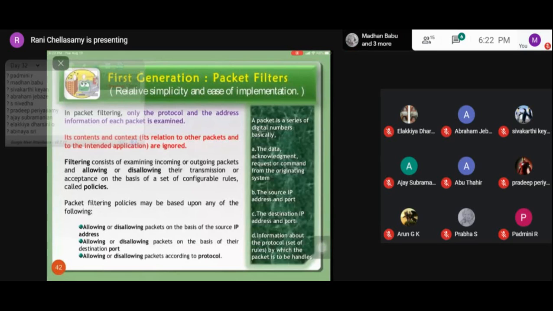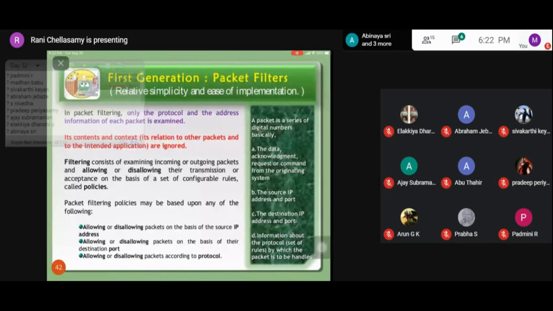The packet may be data, an acknowledgement, a request, or a command from the originating system, or it may carry a source IP address and port, a destination IP address and port, and information about the protocol. The protocol is the set of rules by which the packet is to be handled, which defines the packet.